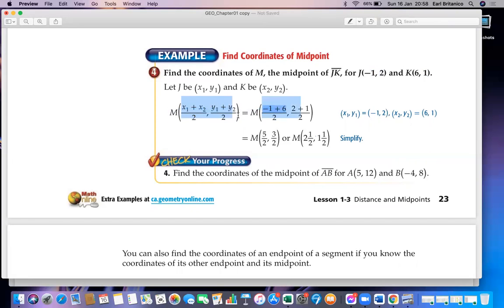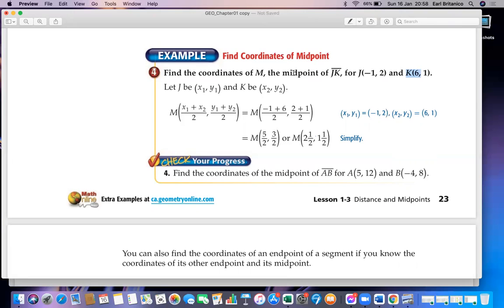This is the midpoint formula: x1 plus x2 over 2, y1 plus y2 over 2. You're looking for a midpoint, it's another point on the line. That means if you're looking for the midpoint of ordered pairs, then your answer is also an ordered pair.